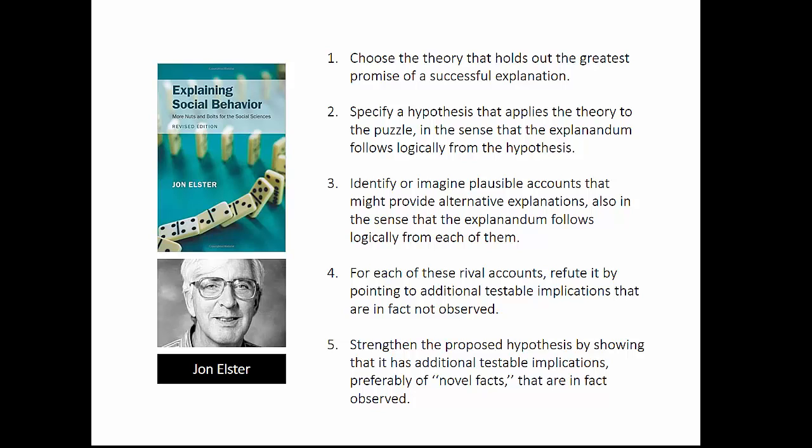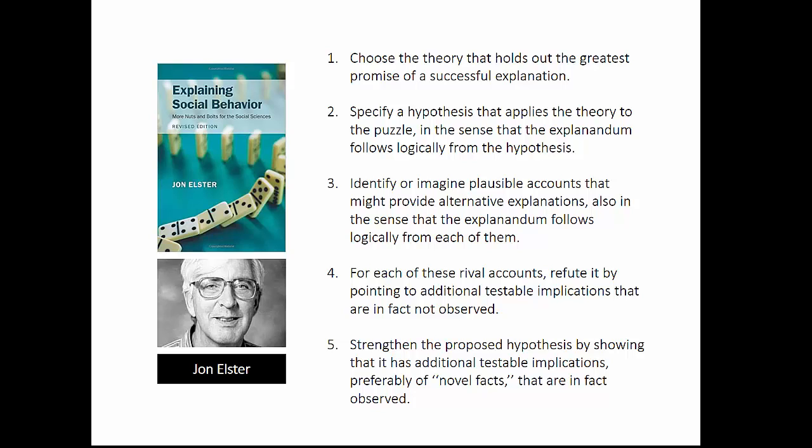The fifth point then is to go back to the original hypothesis, the original explanation that we have, and look at what he calls excess explanatory power. That means if our hypothesis is true, it would also mean something else. There's an implication that comes directly from our hypothesis, and that something else we can go and study.